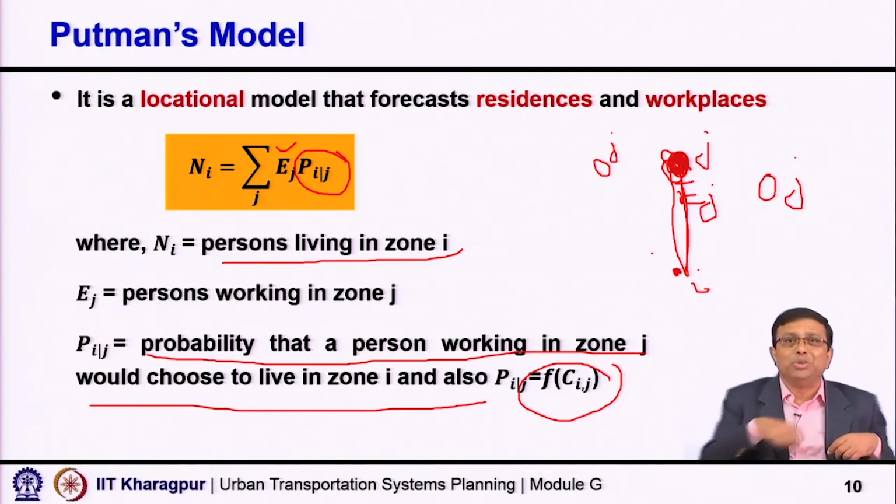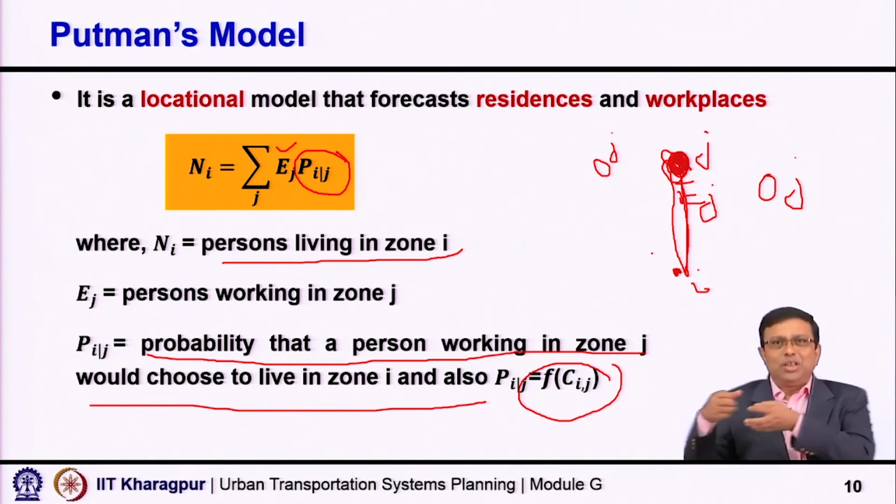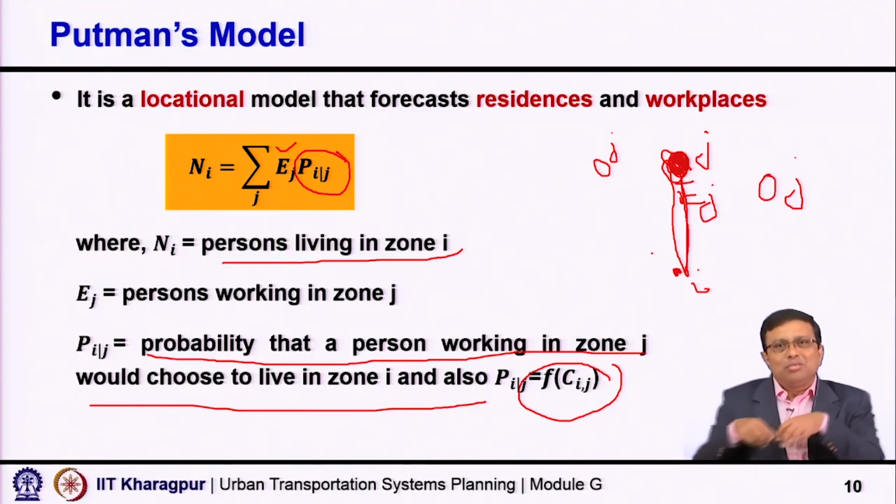All the i are competing. j is fixed because employment is in j. So, Ej people are working in zone j, who is competing to get them? All the i. Everybody says come and stay here in my area, another residential zone says okay, you come and stay here.